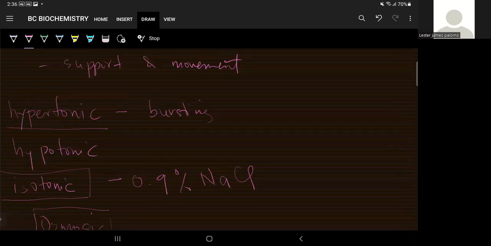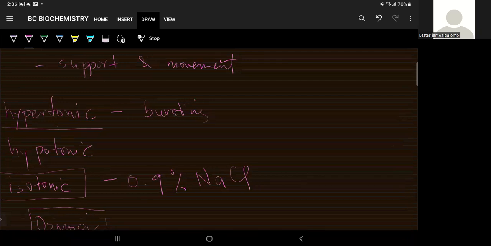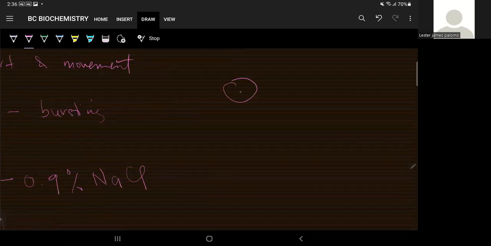Okay, hypertonic, so more than 0.9%. Like given that this is the cell, this is the environment.